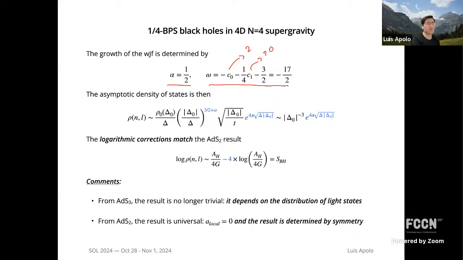So then you use the formula we found before for all these different regimes. You plug in these numbers, and you see that indeed this density of states of the weak Jacobi form in this non-universal regime indeed matches, we can indeed extract the coefficient of the logarithmic corrections of the lower dimensional black hole. Okay.